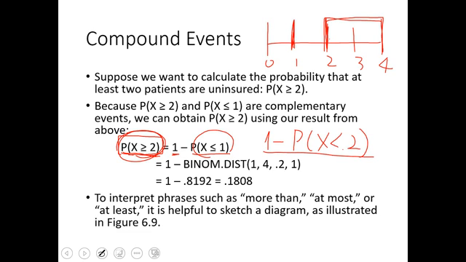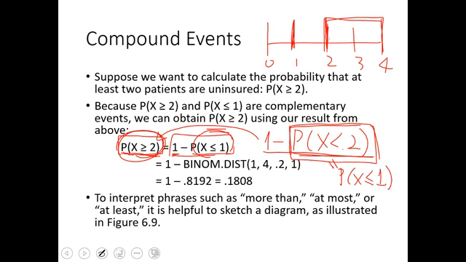But the probability that x is strictly less than 2 is the same as the probability that x is less than or equal to 1. So we can write this equation: the probability that x is greater than or equal to 2 is the same as 1 minus the probability that x is less than or equal to 1. And then we have this result.